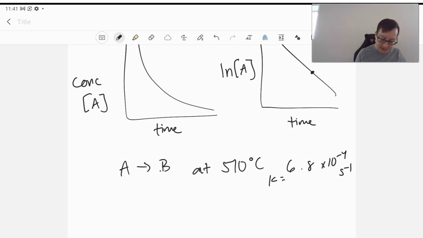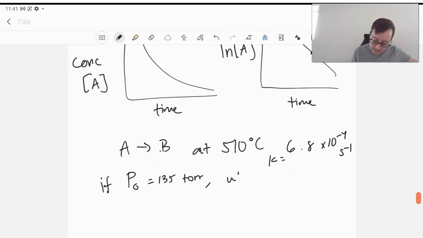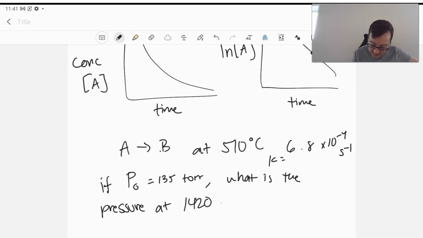We have the following. If our initial pressure, remember that pressure and concentration are interchangeable here, is 135 torr. Or if we really wanted, we could figure out the concentration by using the ideal gas law, but let's not worry about that. We can just use the pressure directly. What is the pressure at 1420 seconds?